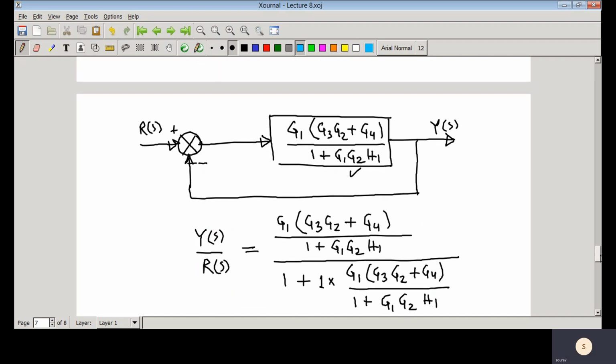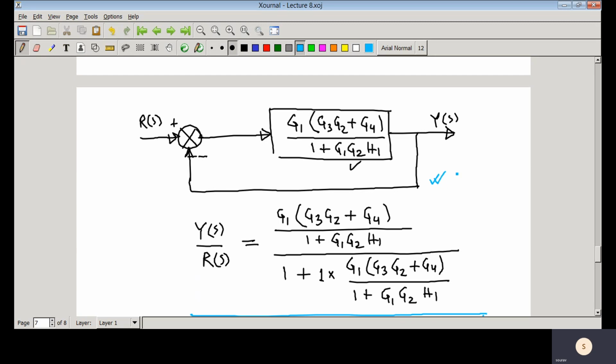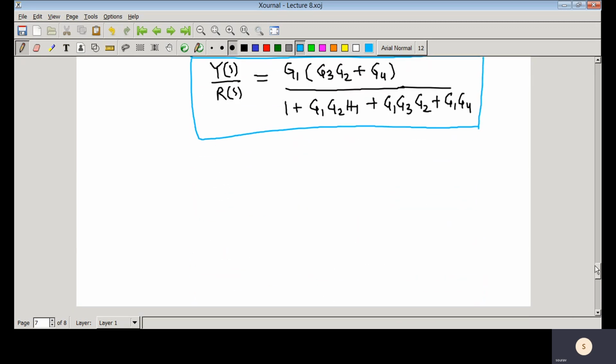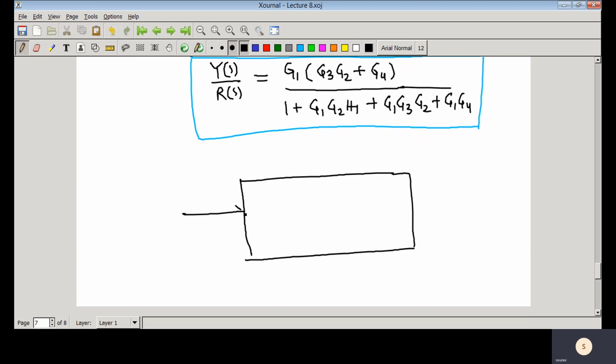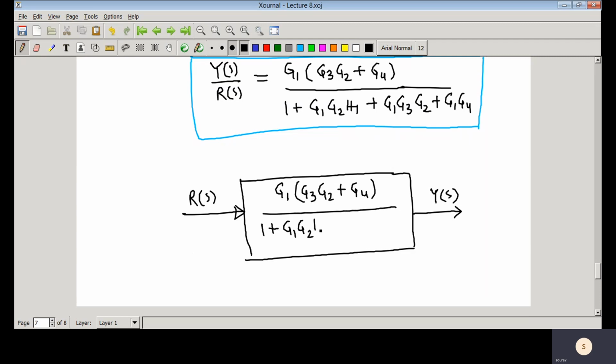And if you simplify this particular block diagram, finally you can draw this block diagram representation. This is R(s), and you have Y(s), and inside it you have the transfer function G1 into G3 G2 plus G4 divided by 1 plus G1 G2 H1 plus G1 G3 G2 plus G1 into G4.